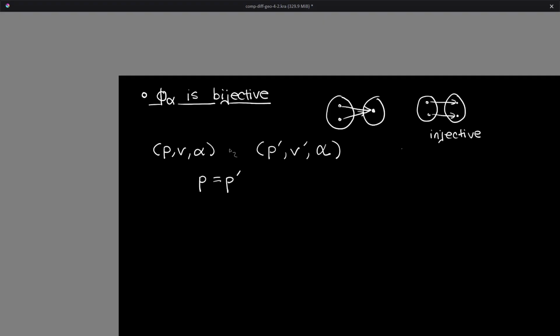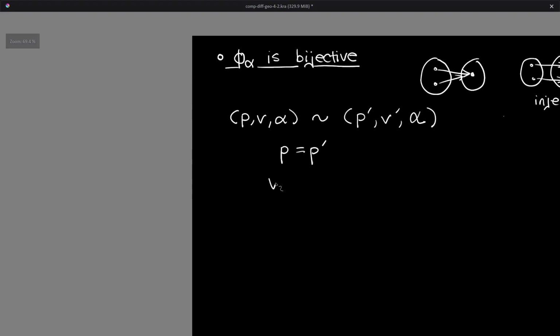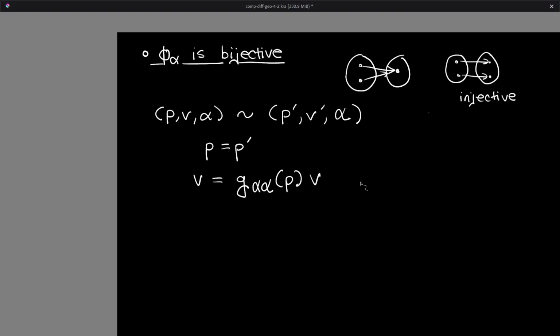So then what does that mean? Then they have to be equivalent, right? If they're equivalent, then also V prime is equal to G alpha beta of P V, but beta is also equal to alpha. So actually it's G alpha alpha of P V, right? But what did we say about the conditions?